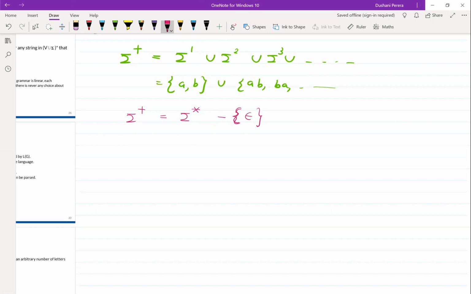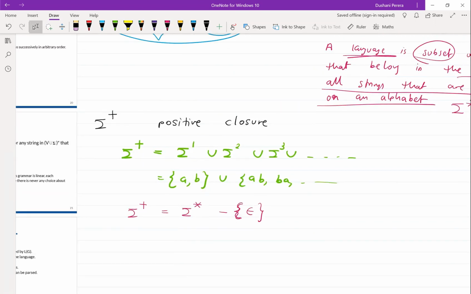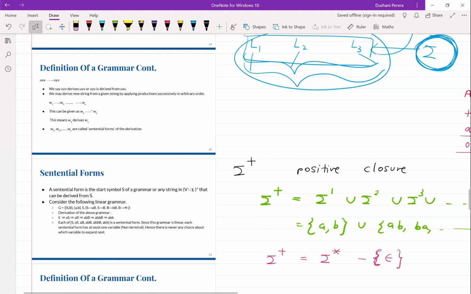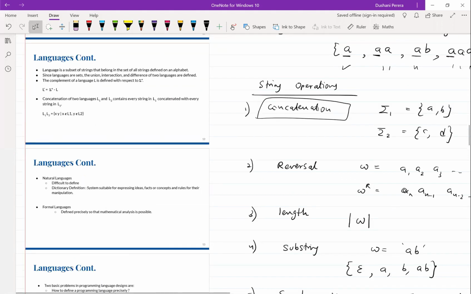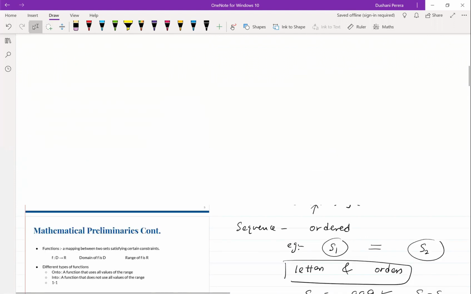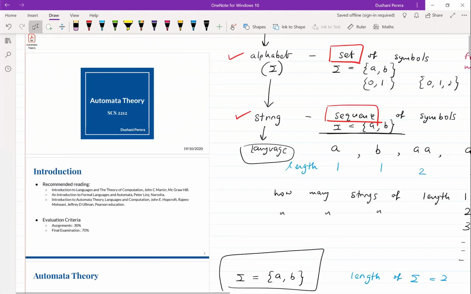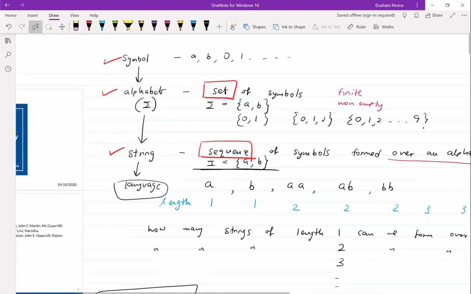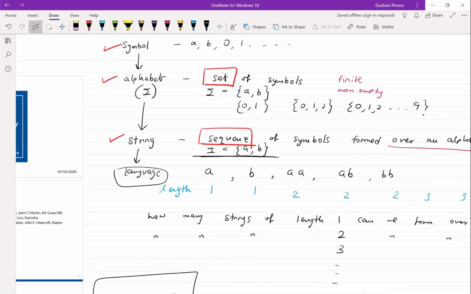So what have we been discussing? We started with symbols, which are the basic building blocks. They get together and create an alphabet. Then a sequence of symbols formed over an alphabet is a string.